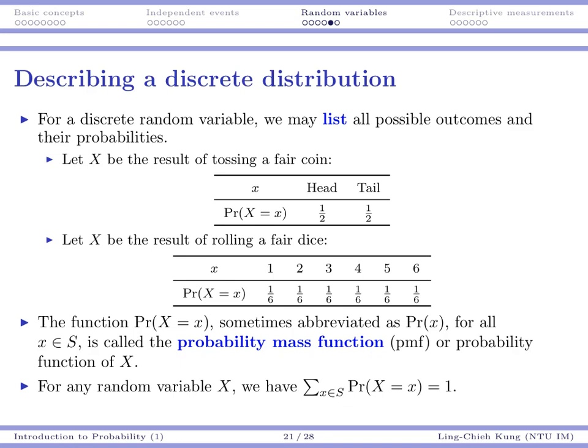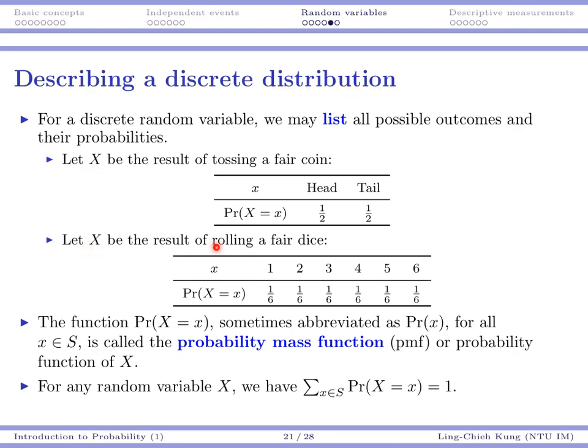If I say small x is an outcome, then for each outcome, I may write down the probability for my random variable x to be that outcome. So the probability for x to be head is 1/2, and the probability for x to be tail is also 1/2. That's the probability distribution of x.